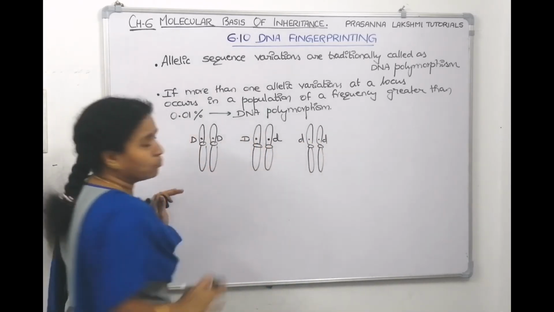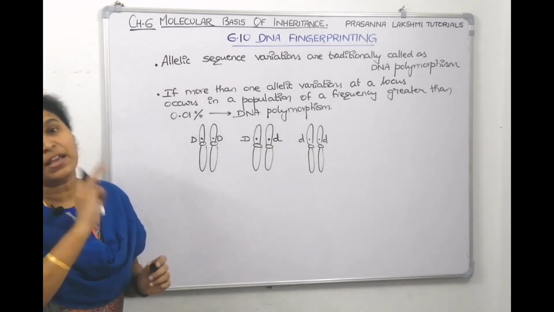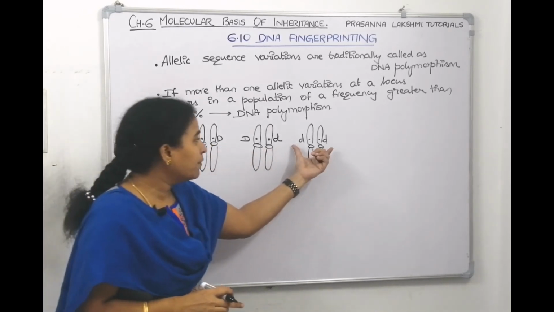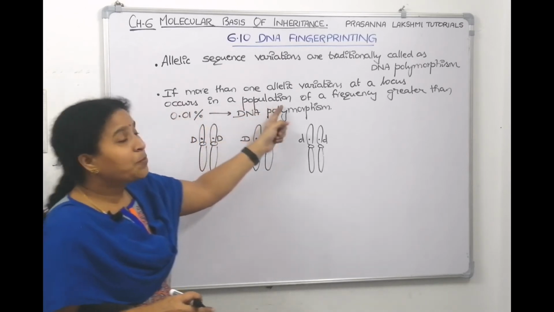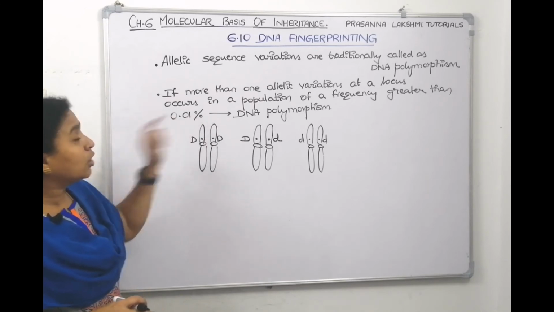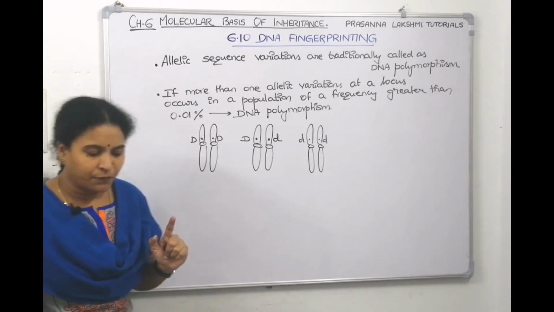On the same chromosome, at the same loci, I showed three combinations, right? Capital D one combination, small d one combination, capital D small d another combination. So, if it occurs in a population at a frequency of 0.01 percent, then that is also called DNA polymorphism.